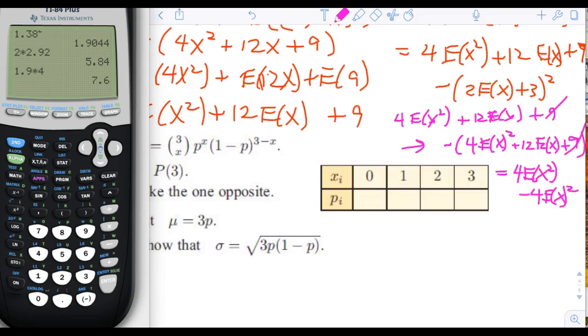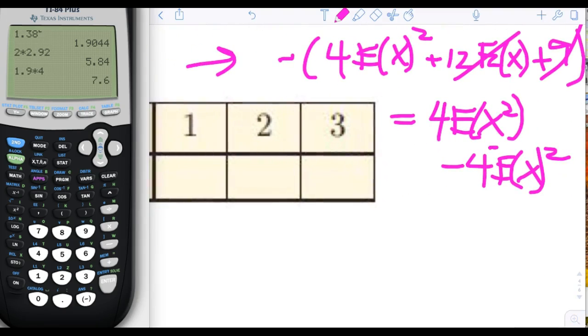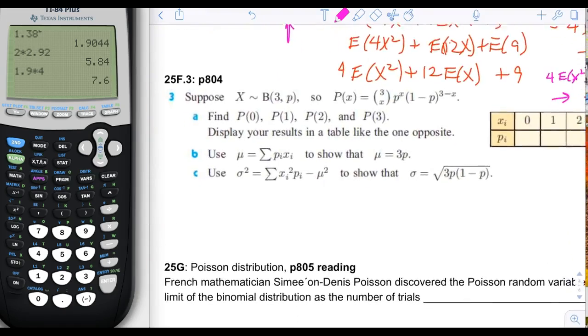So the 9's are going to cancel out with each other, 9 minus 9. The 12E of x is going to cancel out with this 12E of x, 12E of x minus 12E of x. And then we're left with 4E of x squared minus 4(E of x) quantity squared. So this is different because we're squaring the E of x value. Okay, and that's it.